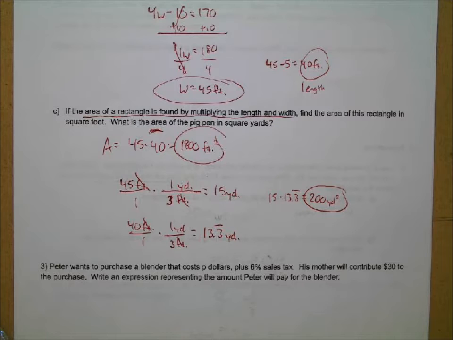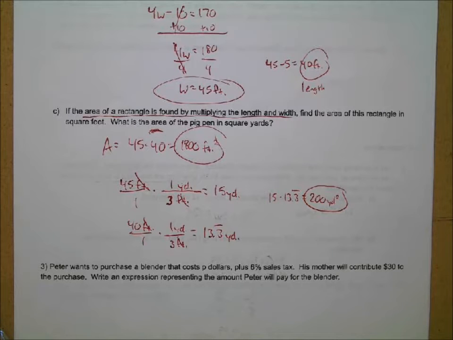That's weird. To convert these feet into yards, we can divide those by 3. We can divide 45 by 3, we can divide 40 by 3, and we get these two. That's right. And we get this many yards squared. But if we take 1,800 and divide it by 3, we do not get 200, we get 600. That's not quite right.